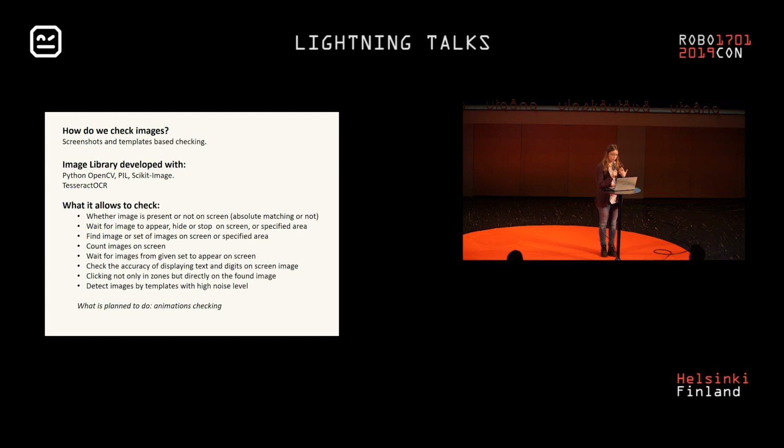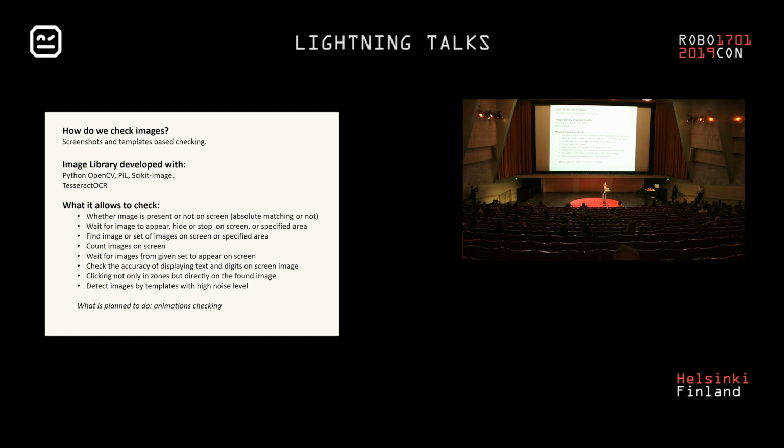So briefly, how do we check the images? We use screenshots and template-based checking, and the library we developed with Python, using libraries like OpenCV, Pillow, and scikit-image. And we can also recognize text and digits from the screen, because it's very important that the game shows us the right wins and so on.